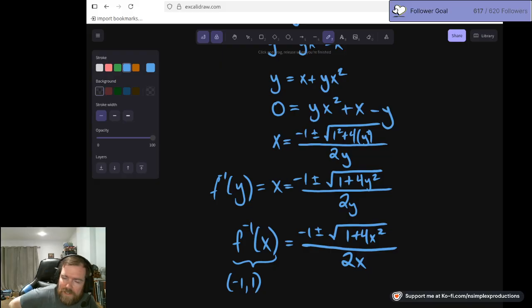Well, that makes a huge difference, because having the 1 minus the term in there was going to severely mess up our domain. Okay, so our y values are only going to be from -1 to 1.